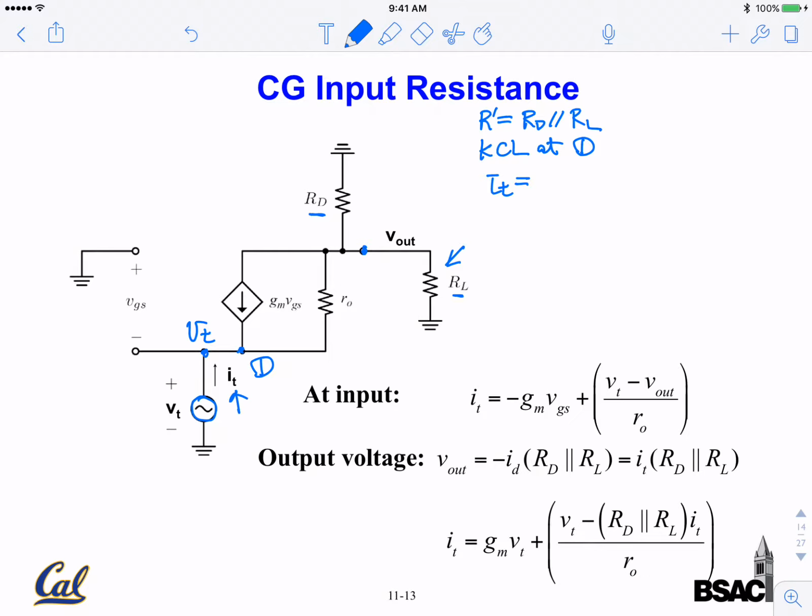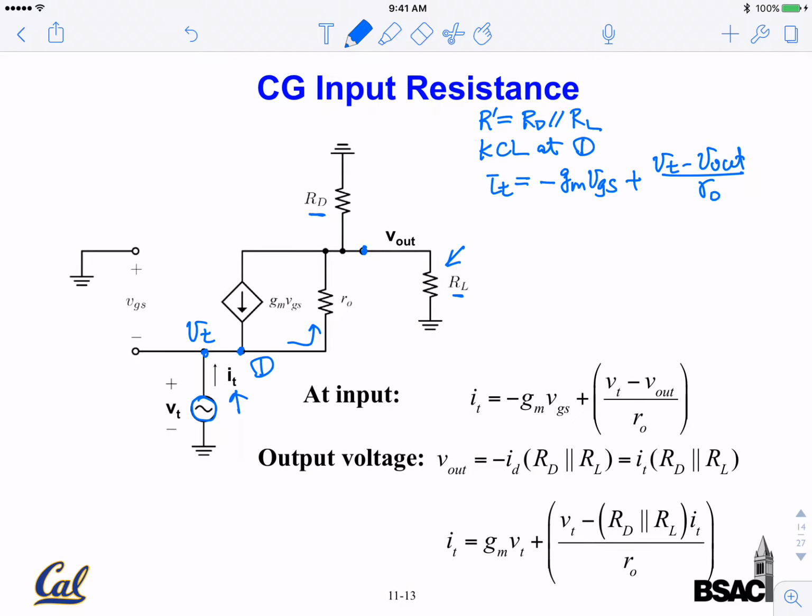Now gm VGS is going in also, so this should be minus gm VGS, plus the current going out. This path is VT minus V out, divided by R0. Now we need to eliminate all the intermediate variables. gm is a known parameter.